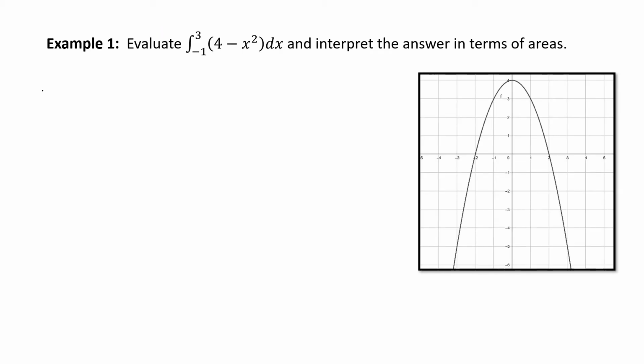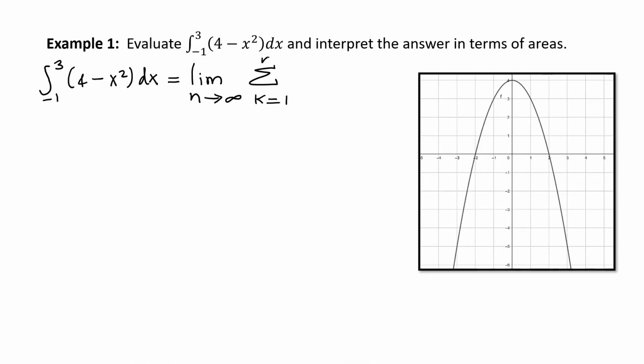Let's write the integral. We want the integral from -1 to 3 of 4 minus x squared dx, and we compute that by finding the limit as n approaches infinity of the summation as k goes from 1 to n of the product of f evaluated at x sub k asterisk, that's our sample point, times delta x.